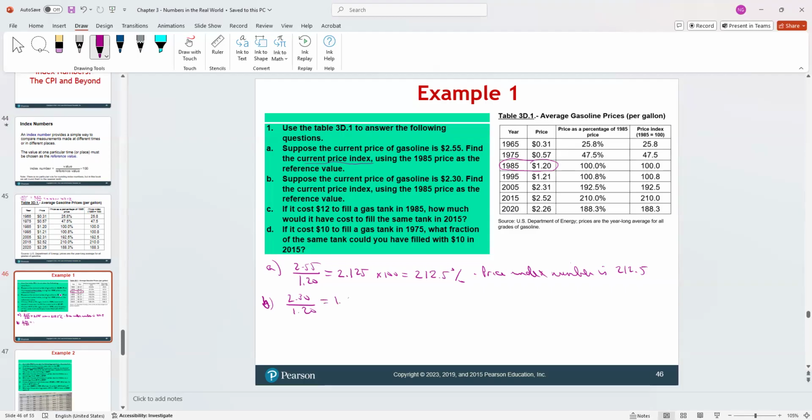That gives you 1.917. If you multiply by 100 to put it into percentages, we found this is 191.7%.